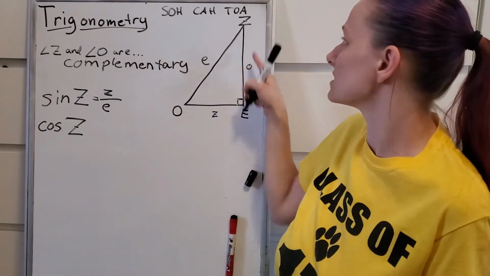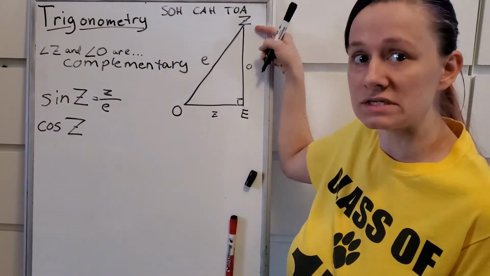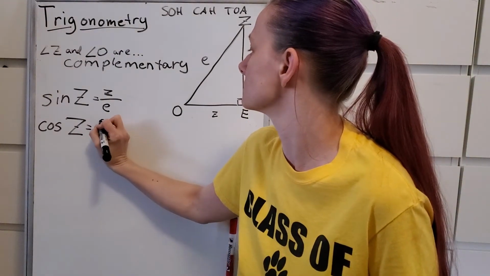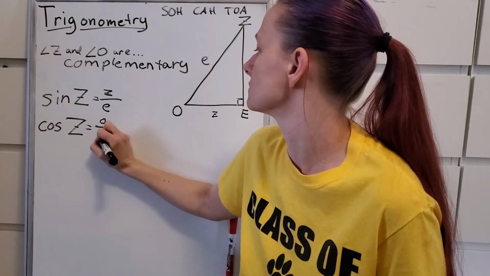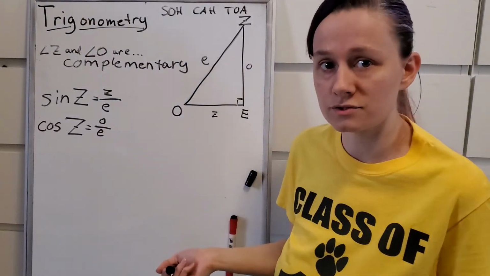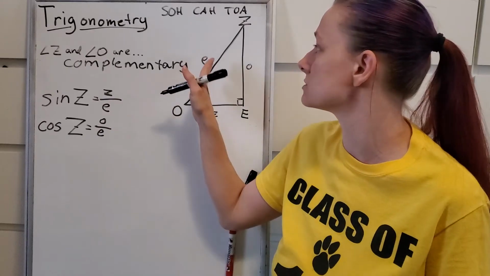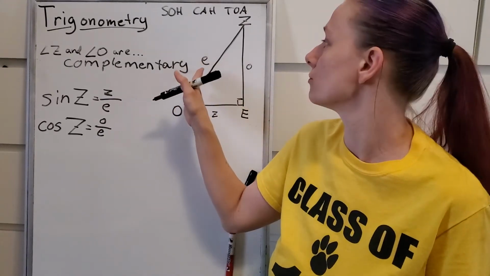So O is the side that's next to angle Z, so that's the adjacent leg. But it's still over hypotenuse. So everything's going to be over E. Sine and cosine are always both over hypotenuse, so they're both E.